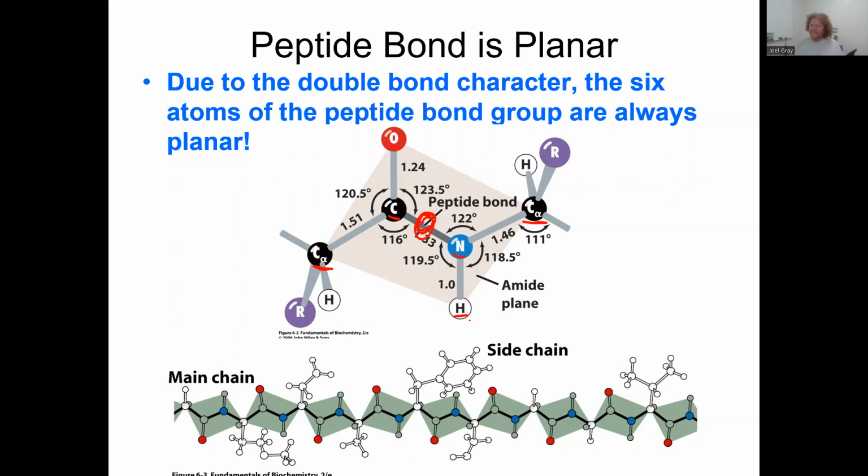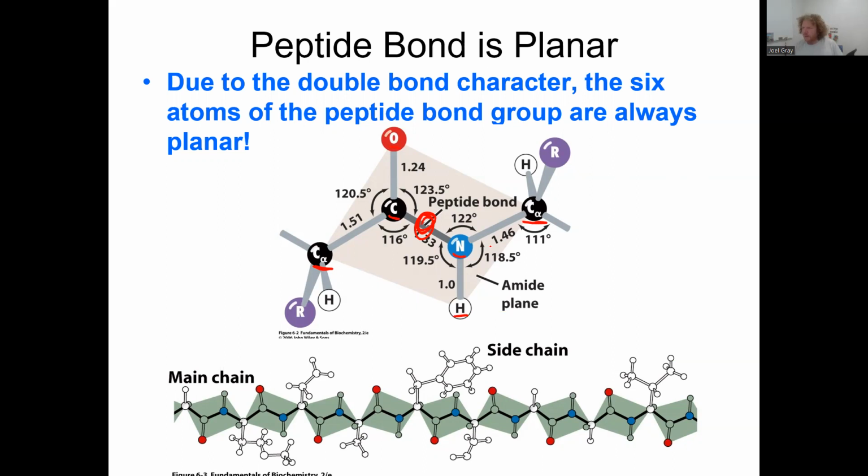What that means is that those 6 atoms are not really going to move around. You're not going to have dramatic flexibility within this. Instead, they're going to exist in one amide plane.